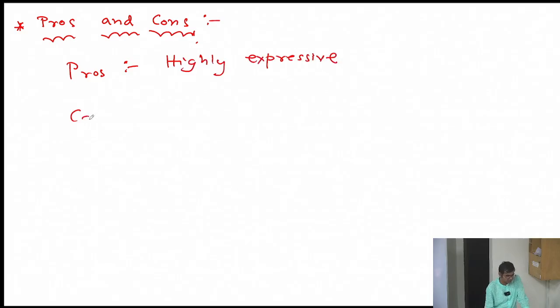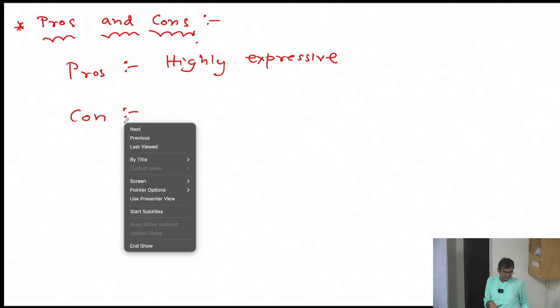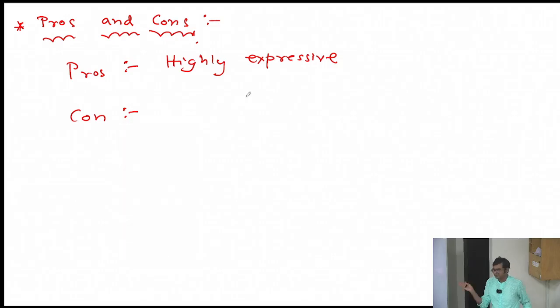But the list of cons is a little bit longer. What are the cons? I already talked about two. The first one is it is hard to sample, because you are getting some arbitrary distribution. So how do you sample from it? You will need some sampling scheme. Be it Metropolis testing, be it Hamiltonian Monte Carlo, be it Gibbs sampling. Gibbs is generally not used here, but something you need.